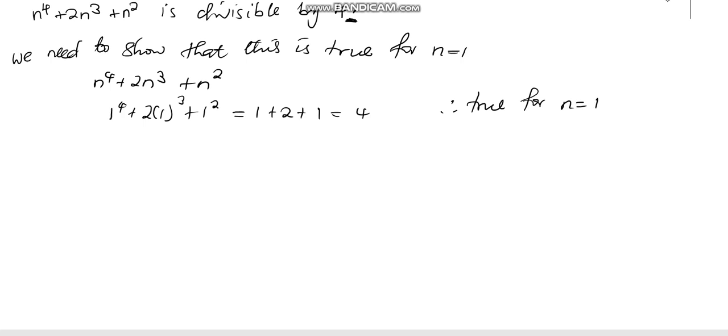Okay, so we go to step number 2, which is the inductive hypothesis.